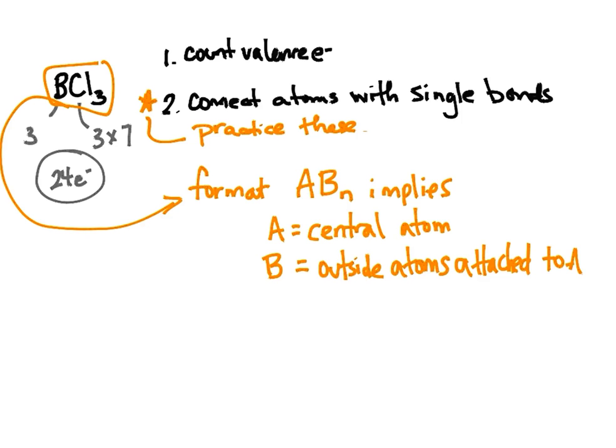Now, one little tidbit of information, a little trick, is that usually when a formula is written with this format, where you have a single atom, boron, that I've represented here with an A, followed by a whole set of the same atoms with a number here, okay? This is what we would call a binary molecule, where it has only two elements present.